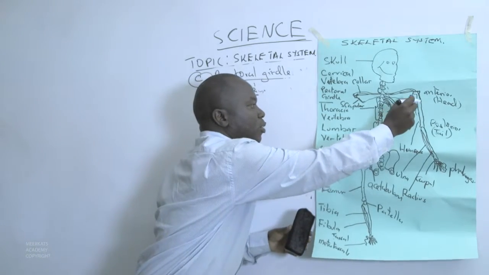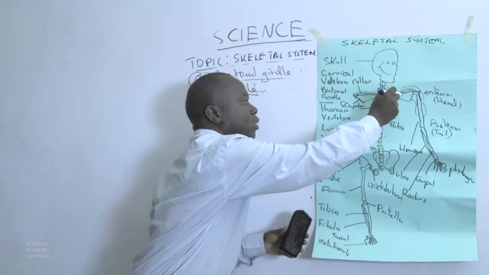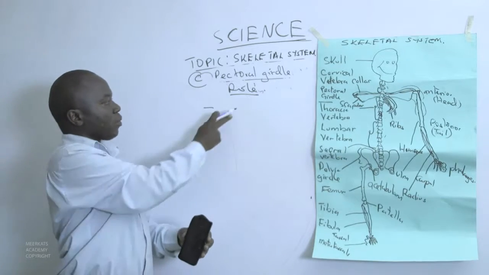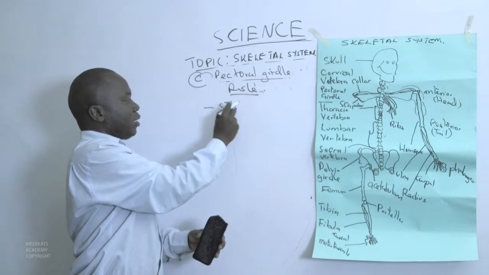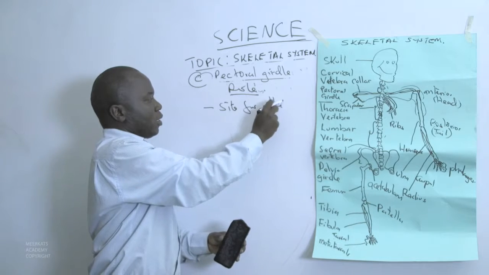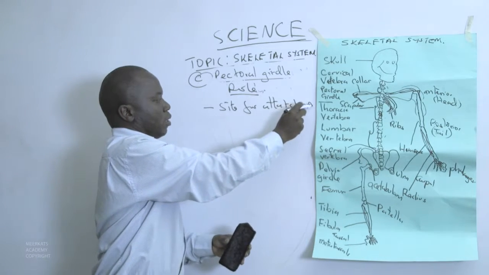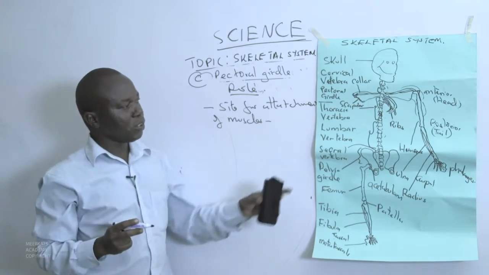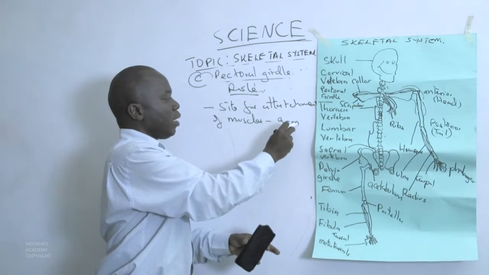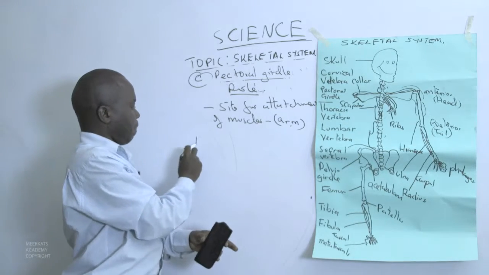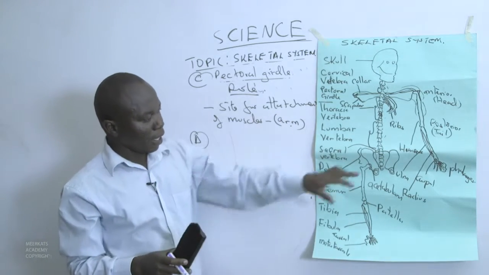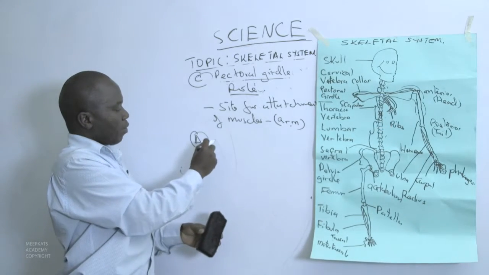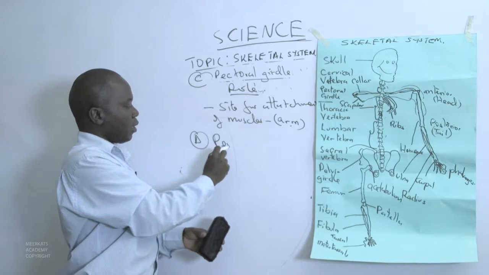So you're going to have those muscles here, but they'll be attached from the back side and on front side to the clavicle. Then another girdle at the posterior end of the vertebral column is pelvic.